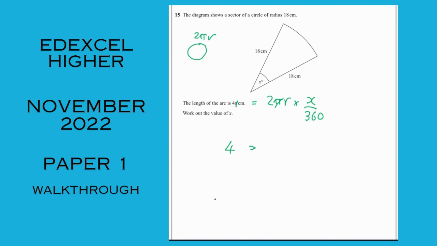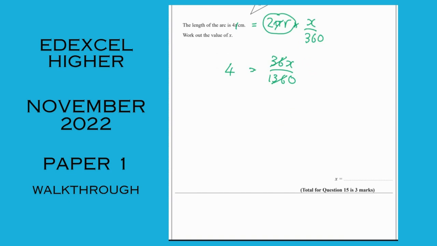The right-hand side has 2 lots of r. That's 2 18s. That's 36. So 36 over 360 means you've got x over 10. So we times both sides by 10 and you're home and dry. 40 degrees, job done.